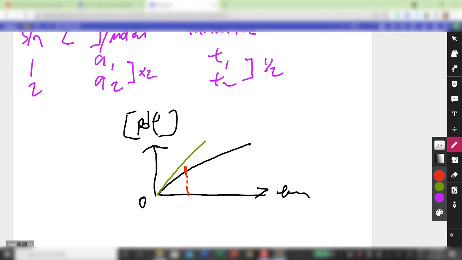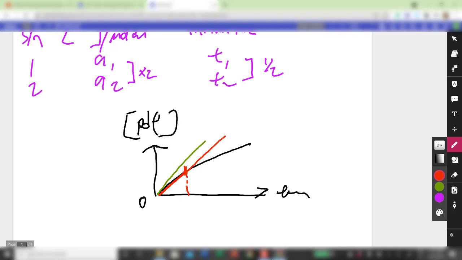But this also allows me to do a back calculation so that I can find out what exactly is the amount of product that is formed over this period of time. So I can then draw a line over here in red.